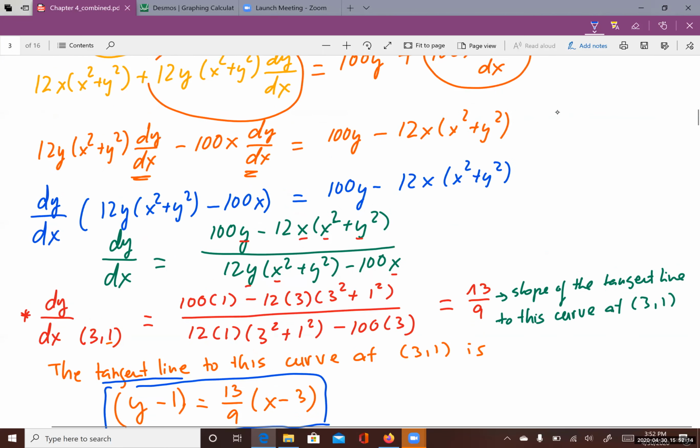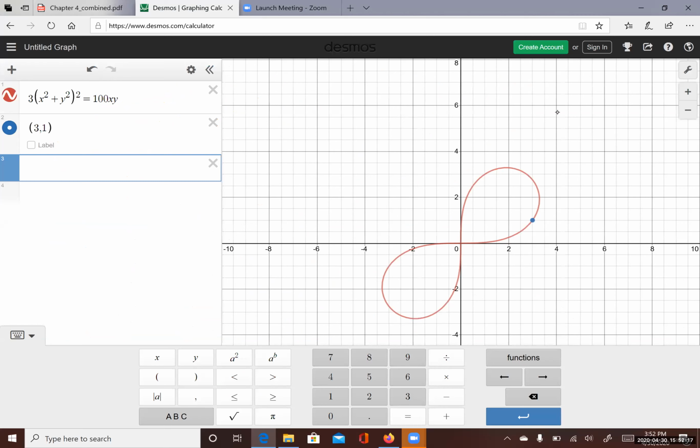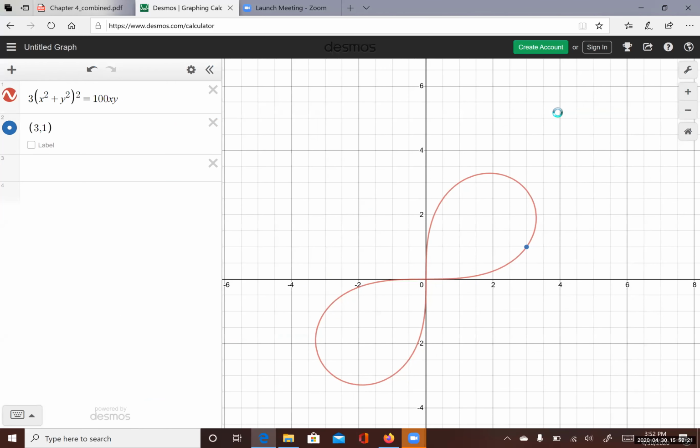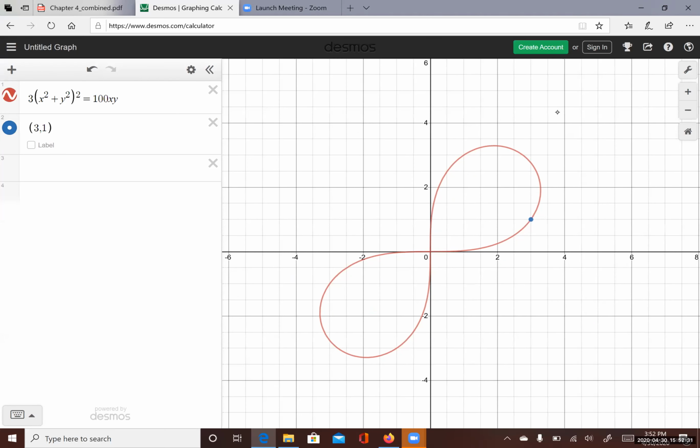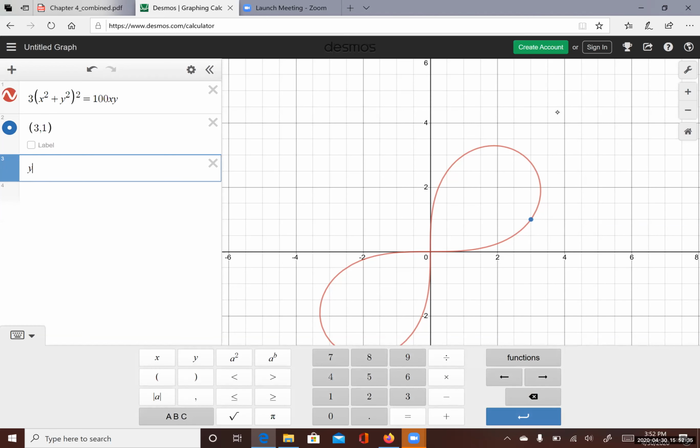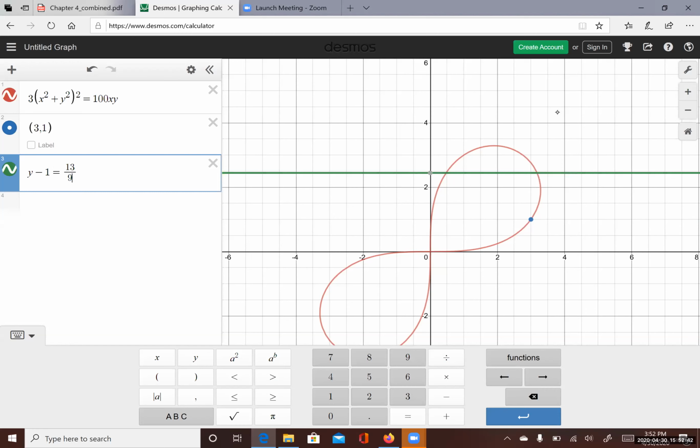All right, let's look at the graph of this curve. This is the graph of the curve 3x squared plus y squared equals 100 times xy. I plot the point x equals 3, y equals 1 right here, and I found the tangent line: y minus 1 equals 13 over 9 times (x minus 3).